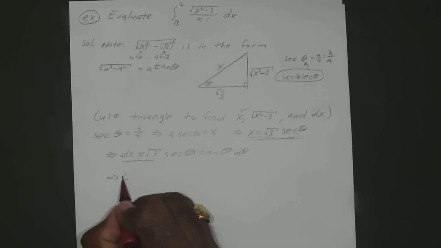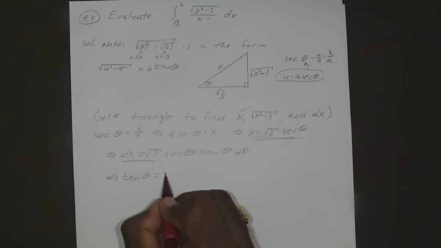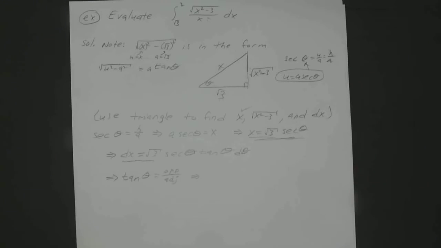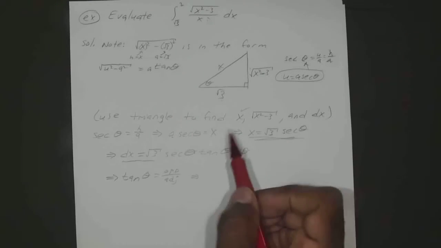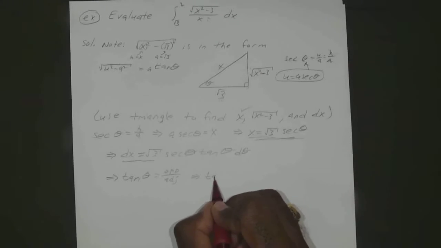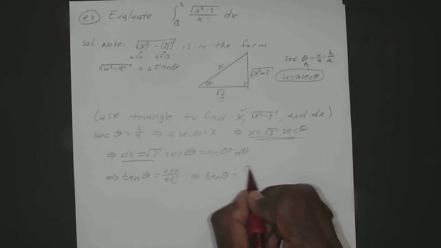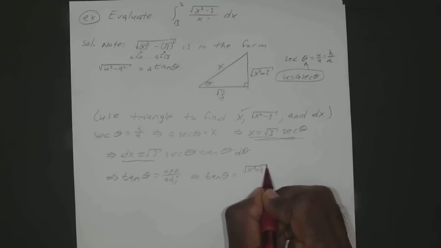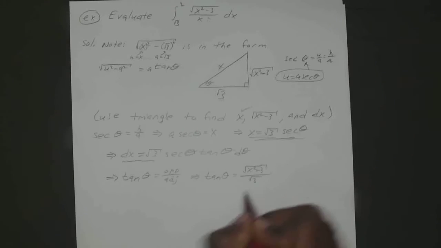Okay, so we know since tangent theta is opposite over adjacent, you have your opposite over adjacent, so that means tangent theta is equal to square root of x squared minus 3 over square root of 3.